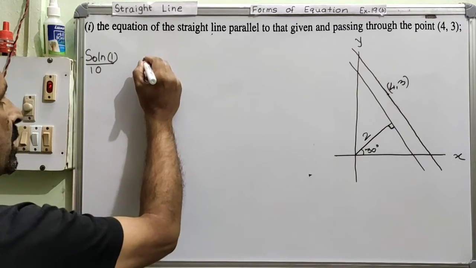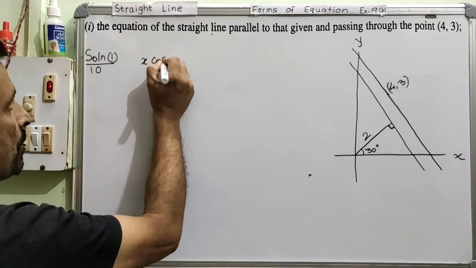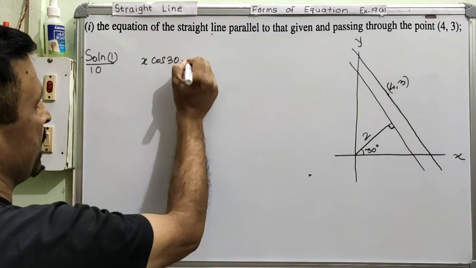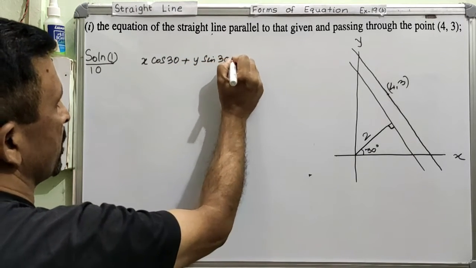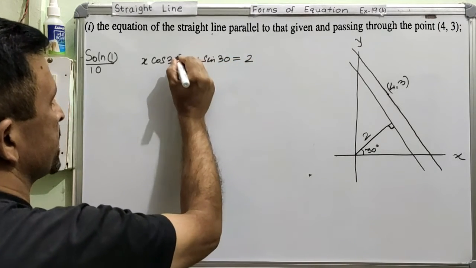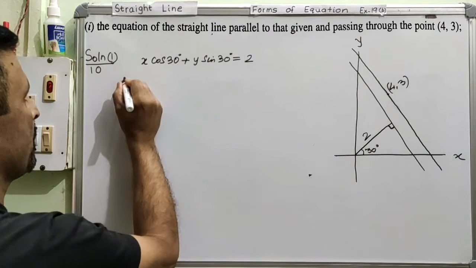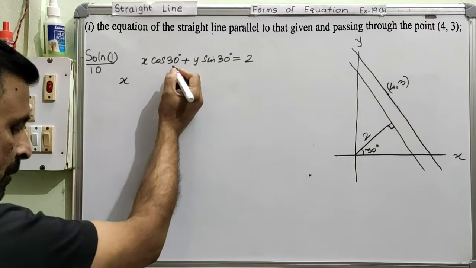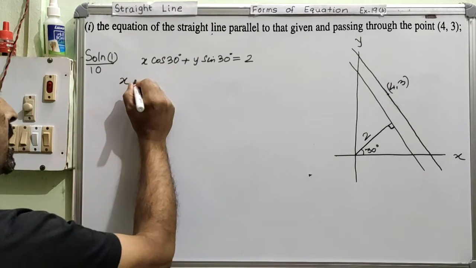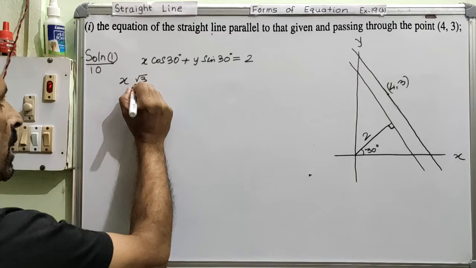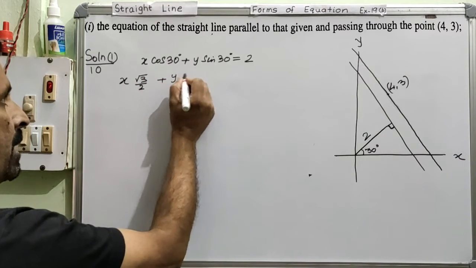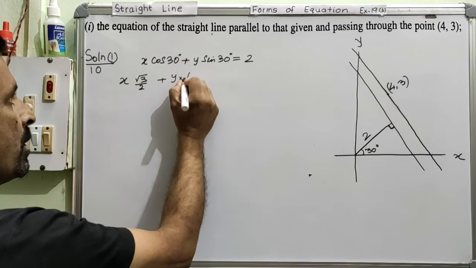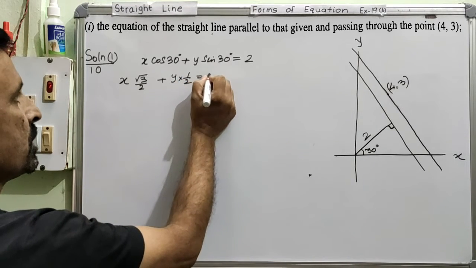Your equation was x cos 30 plus y sin 30 is equal to 2. These are angles. Now let us put in the value of this 30. Cos 30 is root 3 over 2, plus y, and the value of sin 30 is 1 over 2, is equal to 2.